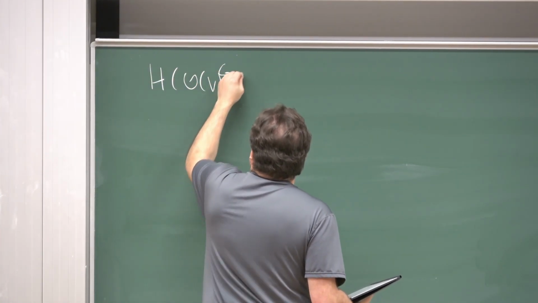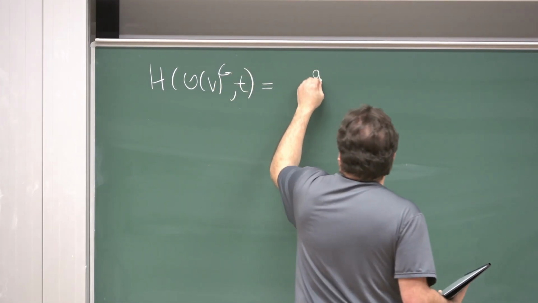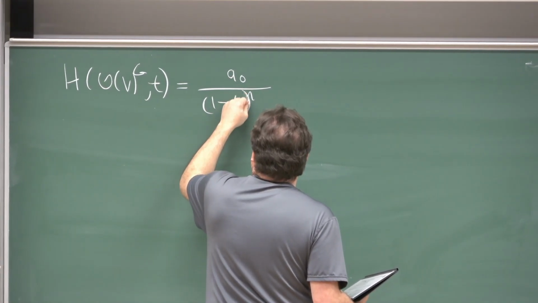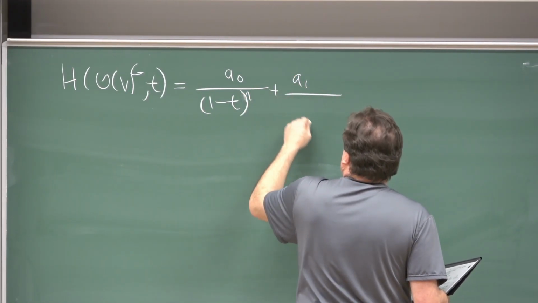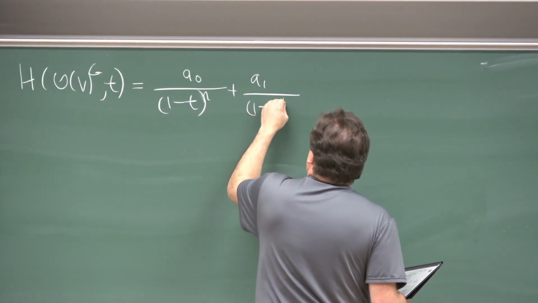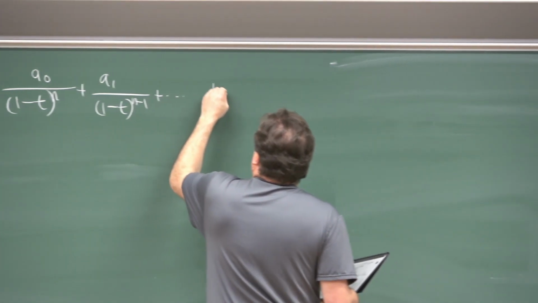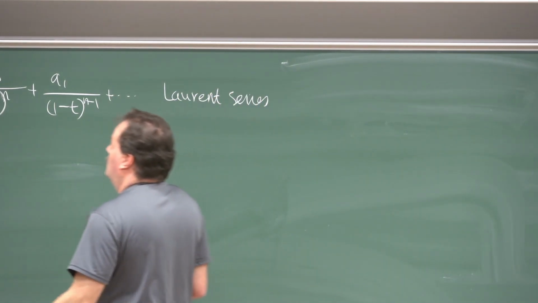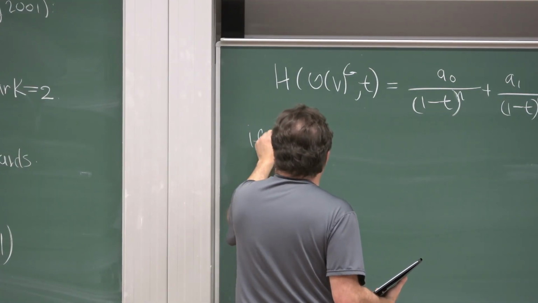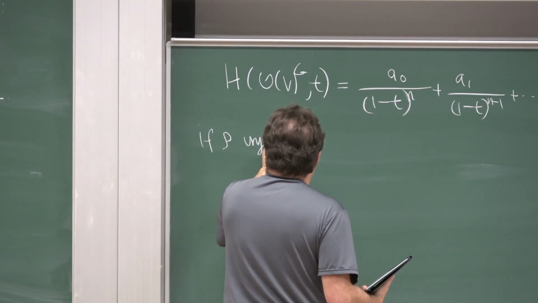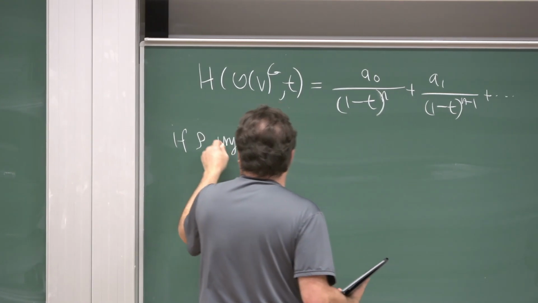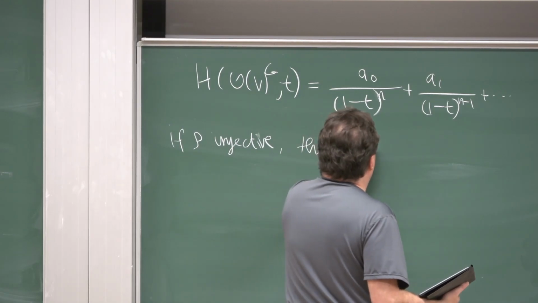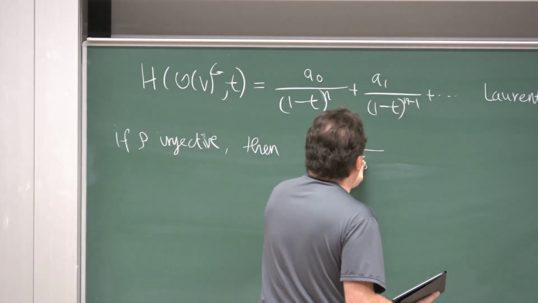We can actually say a little bit more about this power series. In general, you can write it as a Laurent series. And if rho is injective, which we may assume without loss of generality, then A0 is always exactly 1 over the group order.